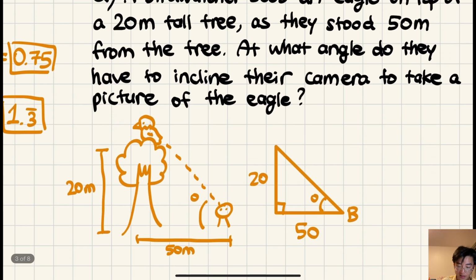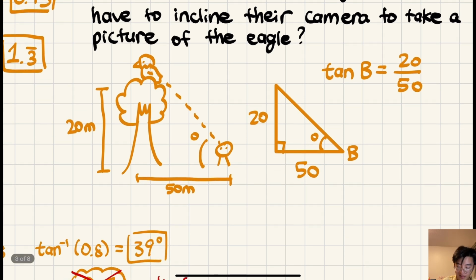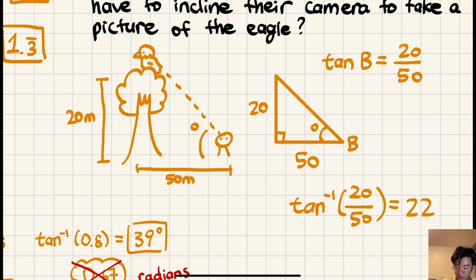To find this, we just take the tangent of B, which is, the opposite in this case will be 20. The adjacent is 50. So the tangent of B is just 20 over 50. And when we plug into a calculator, the inverse tangent of 20 over 50 is 22 degrees.